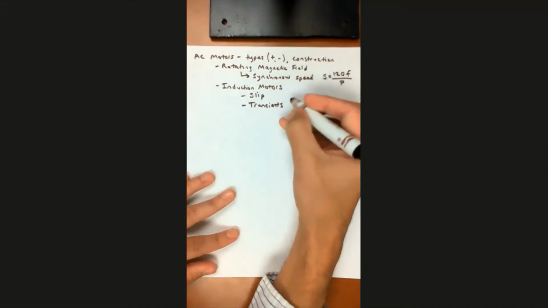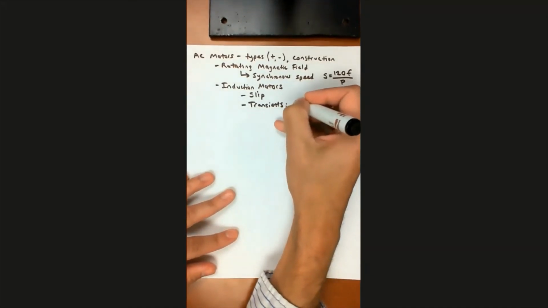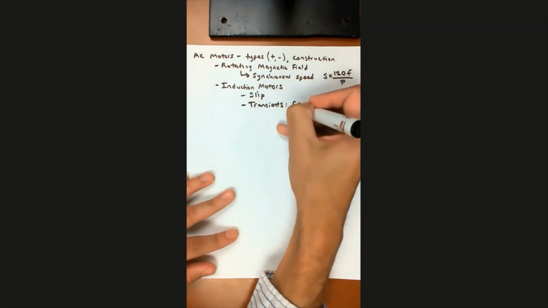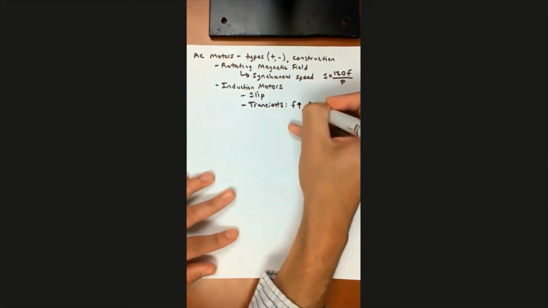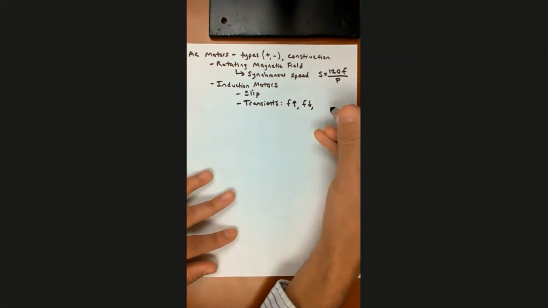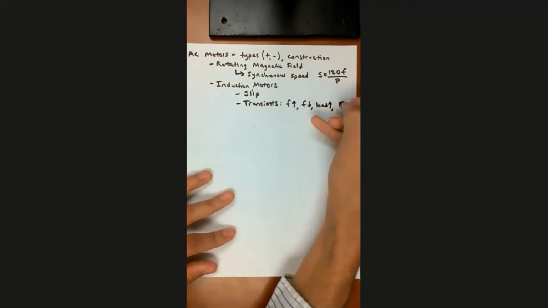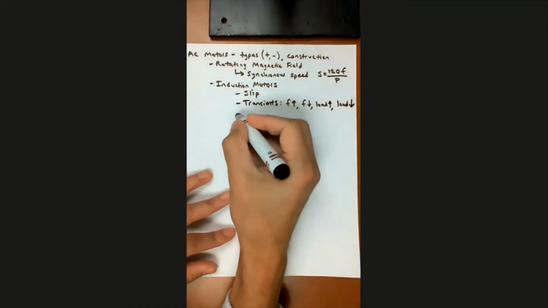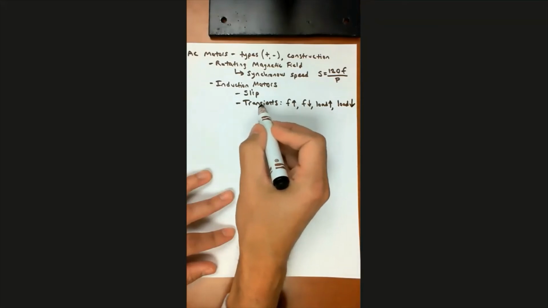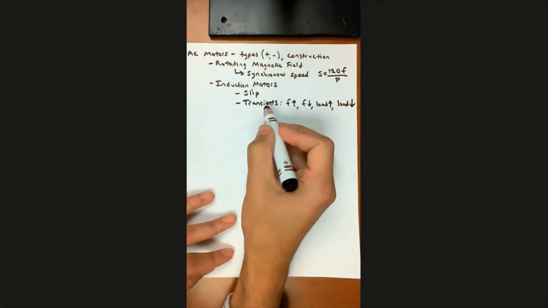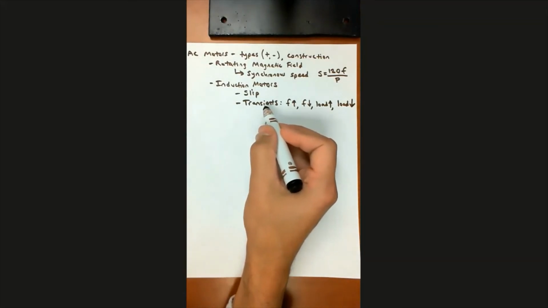It's actually by the frequency. So you could have the applied frequency increases or the applied frequency decreases, or still the load increases or the load decreases. To answer these types of questions, we had our AC motor wheel o' fun. Just like for the DC motor, we had our DC motor wheel o' fun.